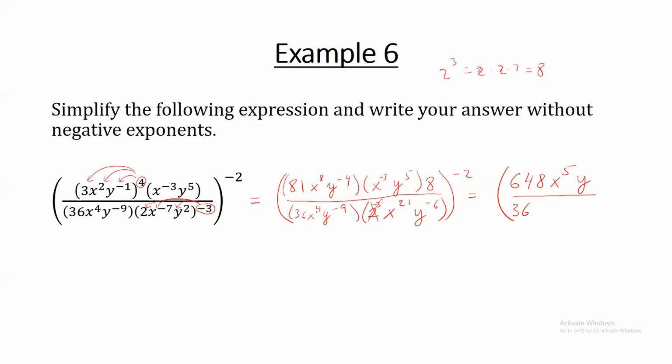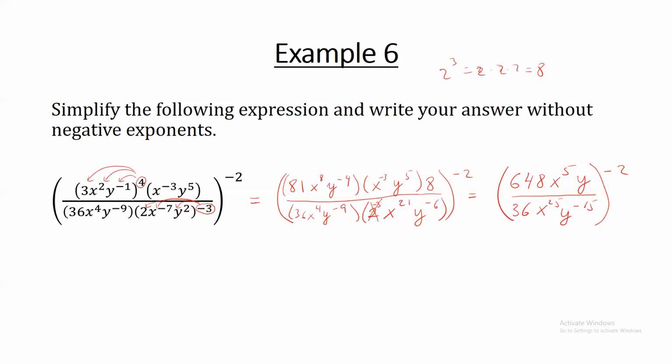X's, we can add the exponents. 4 and 21 is 25. And y, -9 and -6 is y to the power of -15. All still raised to the power of -2.